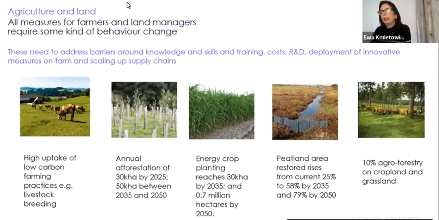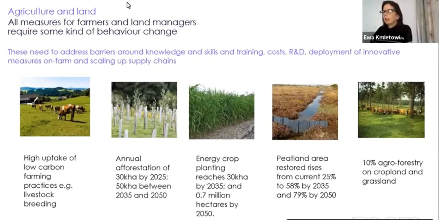We need to significantly ramp up afforestation rates. We need to plant more energy crops, to around 0.7 million hectares by 2050. We need to restore most peatlands or sustainably manage them. And we need to use agroforestry on around 10% of existing agricultural land.